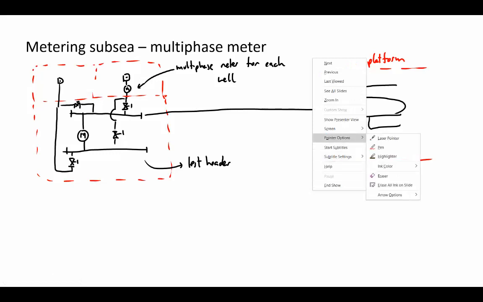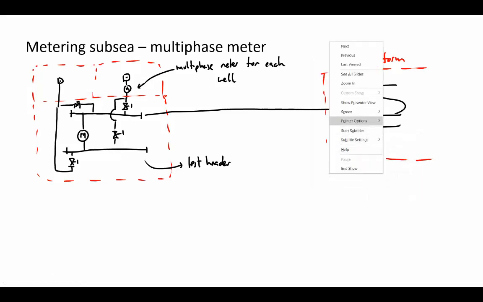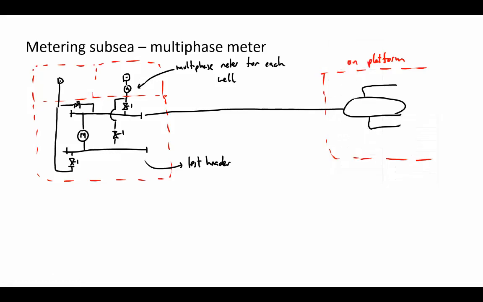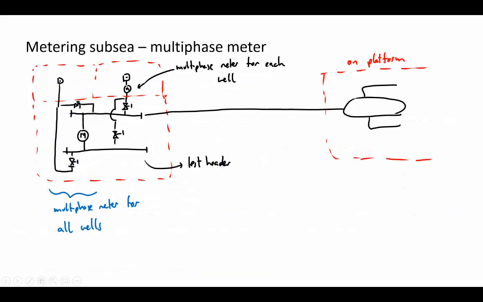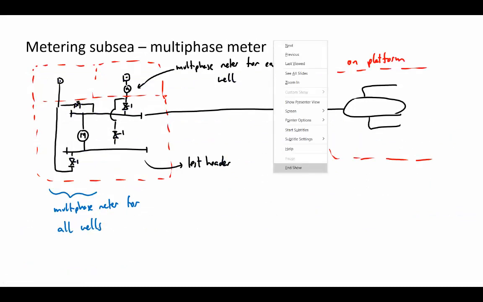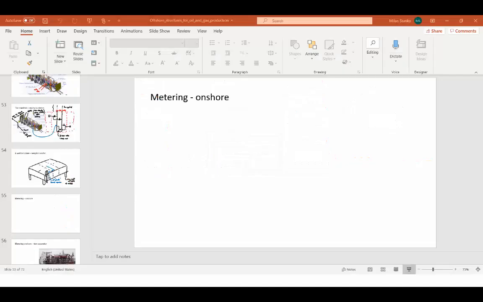Okay, let me just change. Before we go to this topic, I just want to make also a comment on what happens when you have satellite wells.